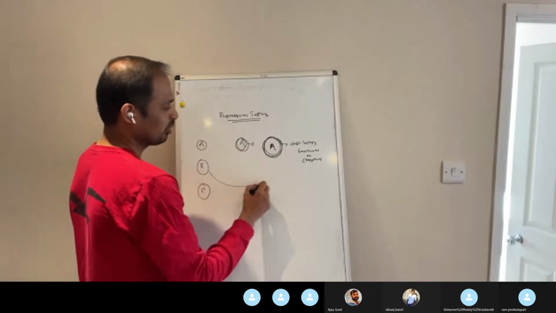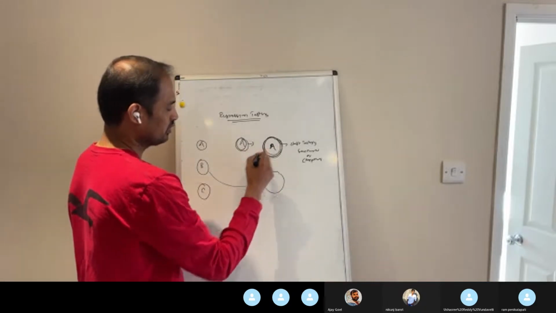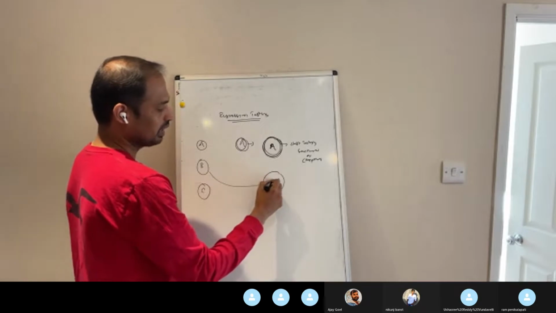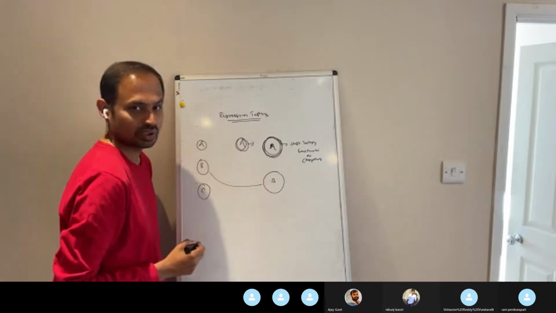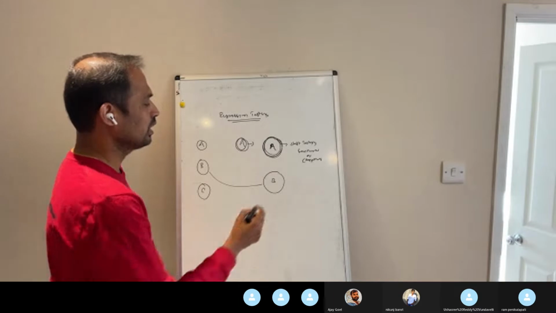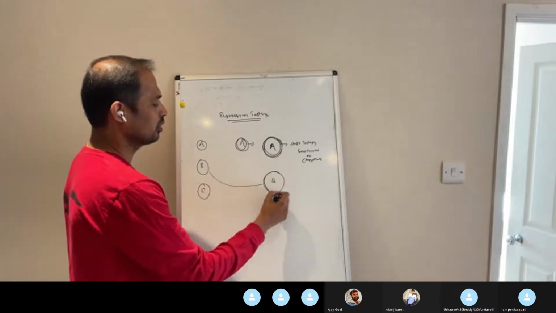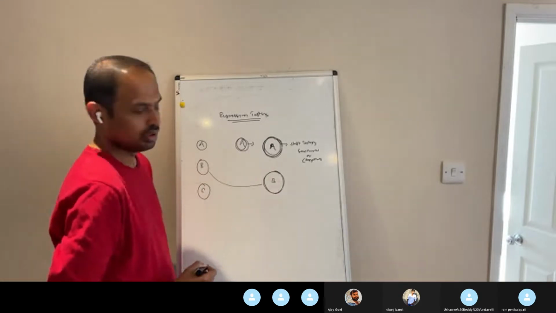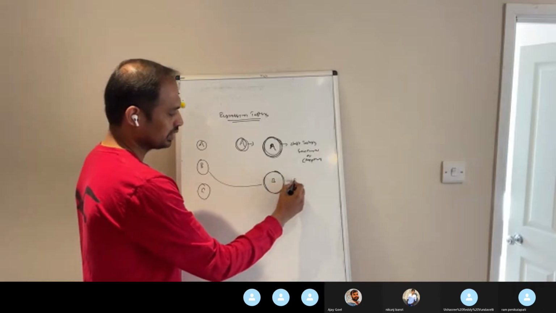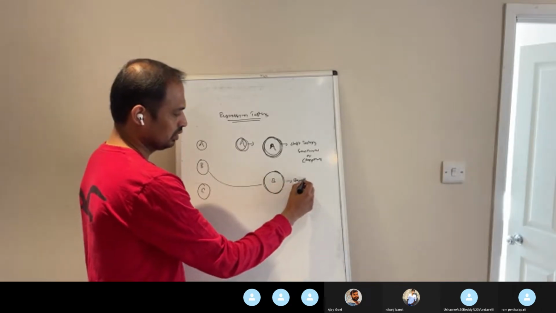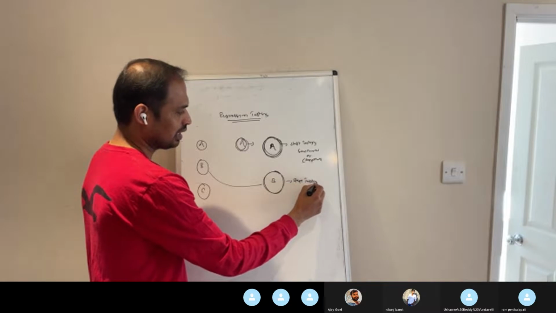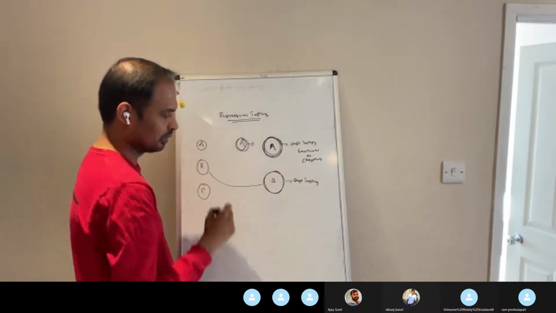Then we'll get one more module. By the time we finish this one, developers will develop B and give it to us. Once we get module B, what are we going to do? We start testing it.